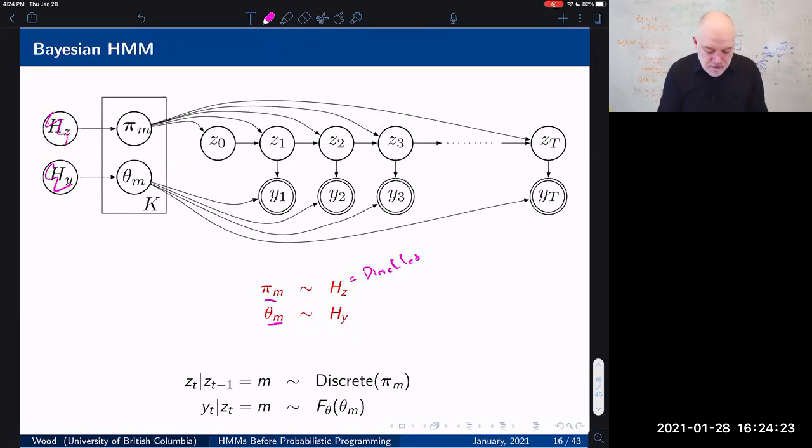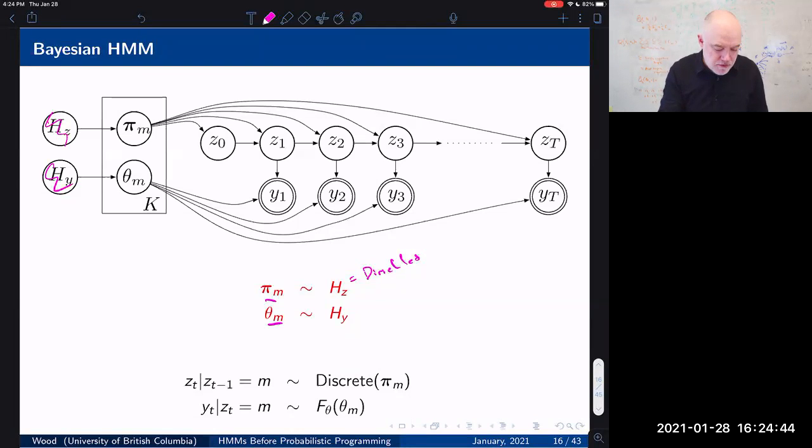Theta, if we have a discrete one-hot vector output, would be nicely Dirichlet or discrete. Rather discrete, or if you have a real valued vector, it could be normal, or it could be a normalizing flow, or it could be whatever you want here, right? Great.